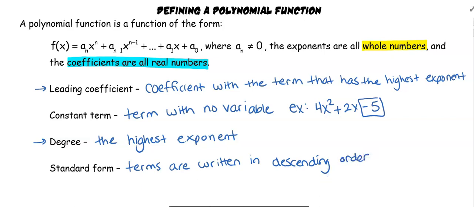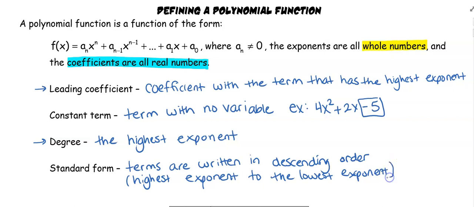We know descending order means that we're going from the highest exponent to the lowest exponent. So standard form, highest exponent to lowest exponent, equation written in descending order. When your equation is in standard form, it makes the leading coefficient the first coefficient and the degree the first term.